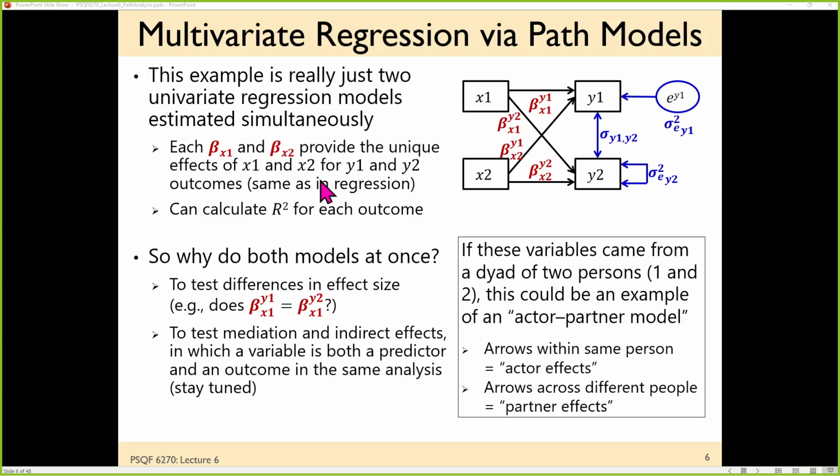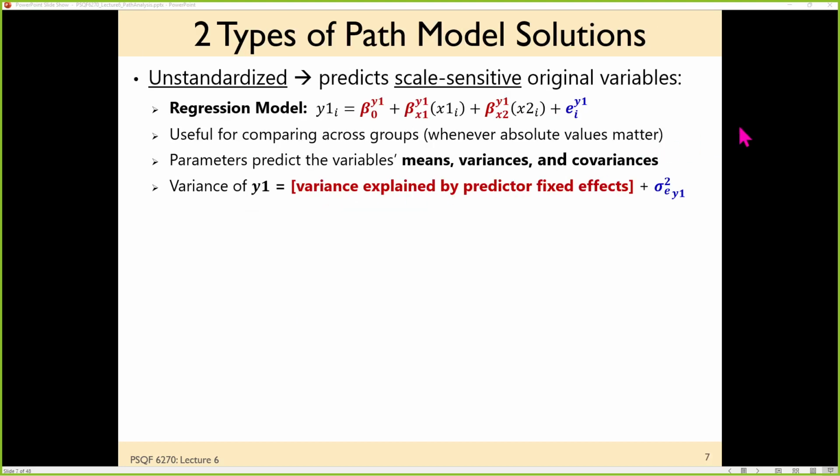Okay, how are we doing? So far, just some pictures to go with ideas that you already have. In path analysis software, and this is true in regression to some extent, although it sort of falls by the wayside in this class because of the generalized focus, there are two different types of solutions that you can ask for. One is unstandardized, which is the one that we're used to seeing, and the other is standardized.